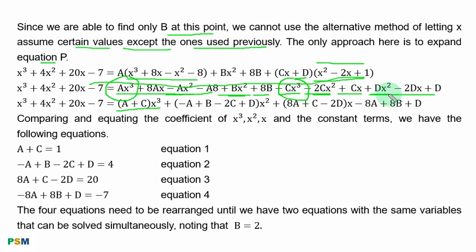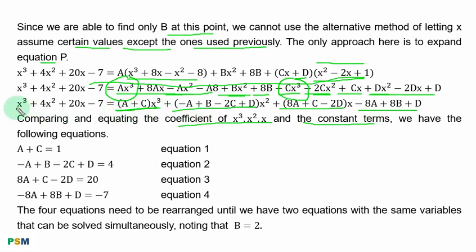If you bring them together and factor out s square, you have this result, followed by this and the constant terms. Comparing and equating the coefficients of s cube, s square, s, and the constant terms, we have the following equations.